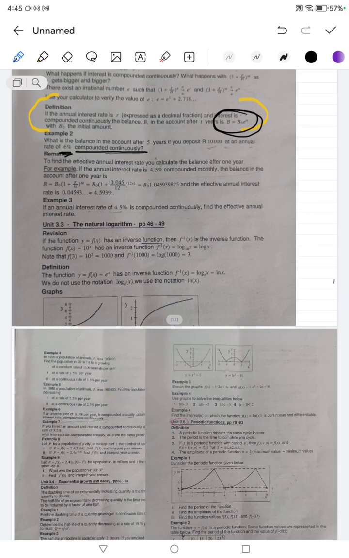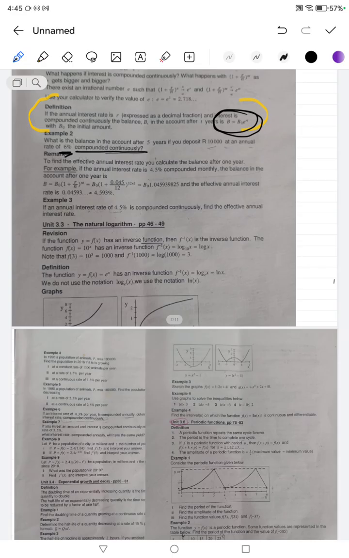We have another example this side. What are they saying? Okay, this one is already calculated.